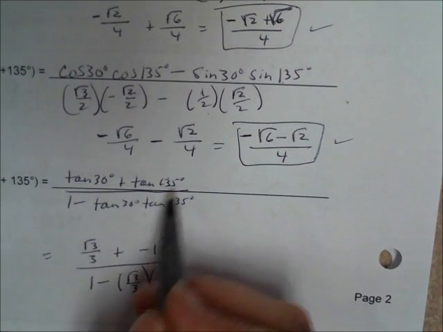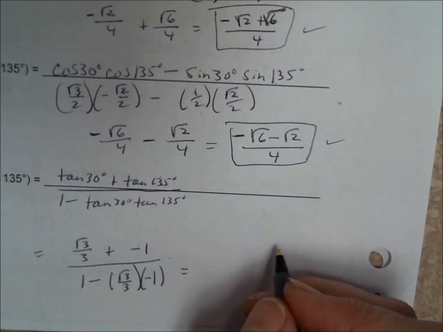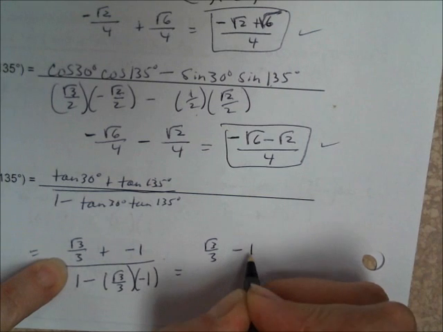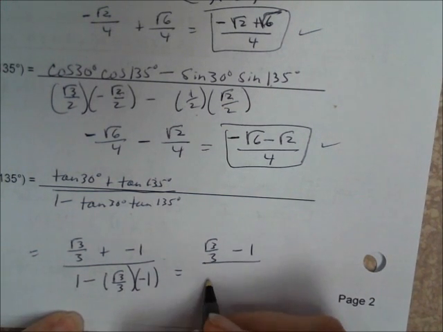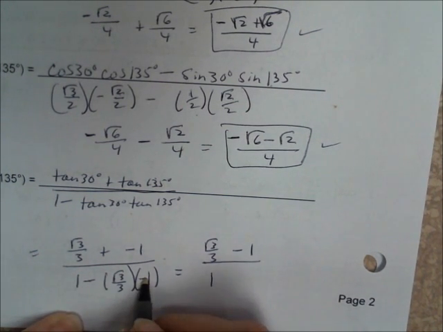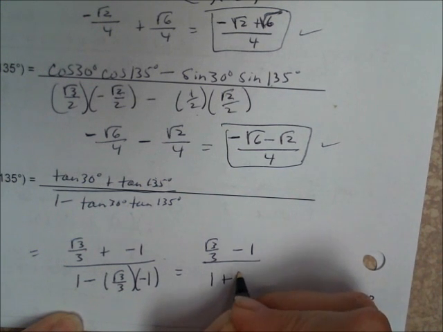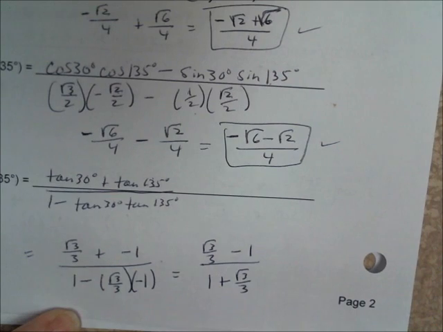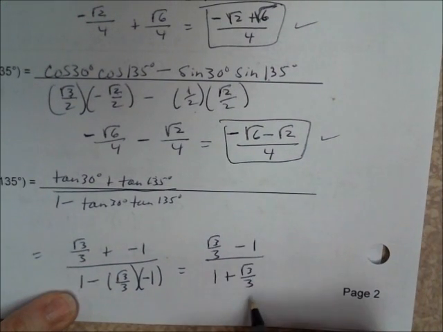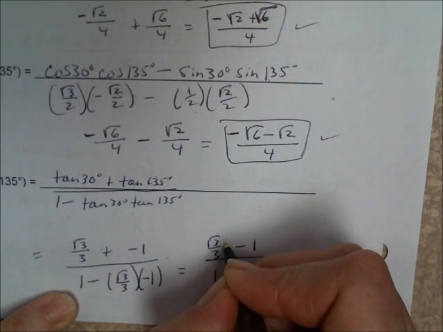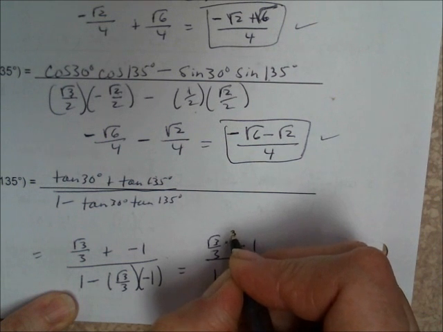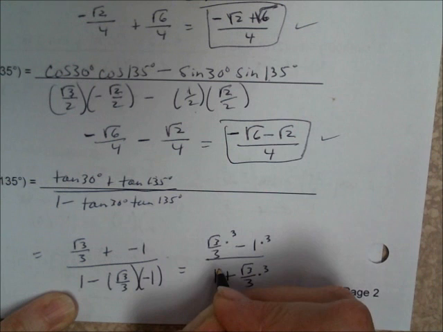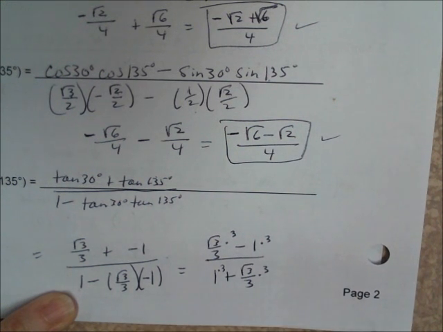So there are our replacements. What we have is the square root of 3 over 3 minus 1 on the top, and then 1 minus a negative is plus the square root of 3 over 3. This is a complex fraction, so we can multiply every single term by the common denominator, which is 3. All 4 terms by 3.